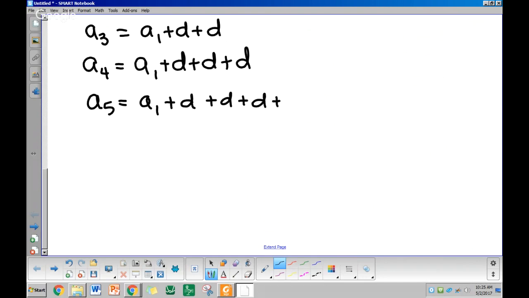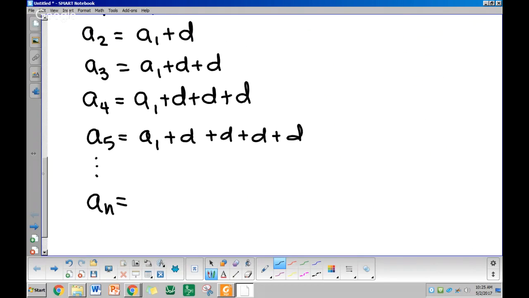Not 40. 4d, yes, as in David. All right, so can you make the gigantic leap here to what a sub n would be? A sub 1 plus n minus 1 times d, which is what we're going to say.